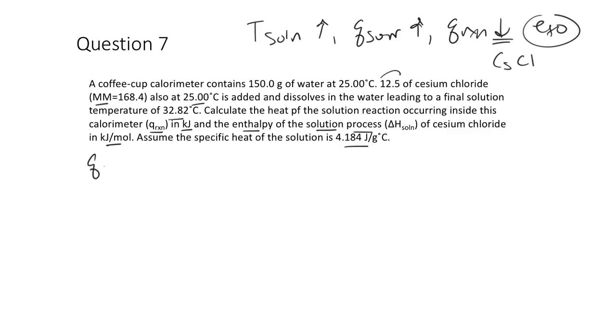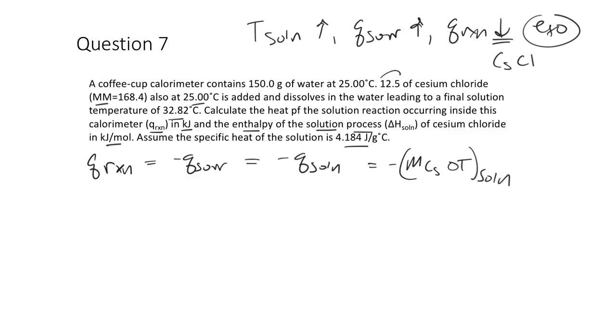Okay, so the heat change for the reaction, which we want to find, is the negative heat change of its surroundings, and the surroundings is the solution. And so my solution is described by a negative m C s delta T for the solution. So when I plug in my math here, I go negative mass of the solution. The solution is the water plus the cesium chloride. So that would be 162.5 grams.